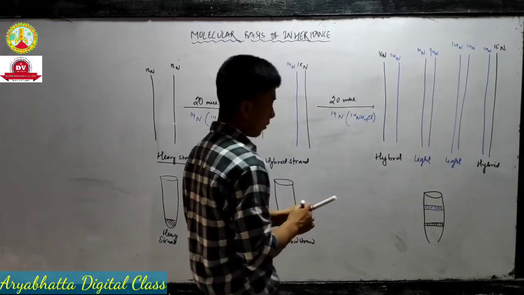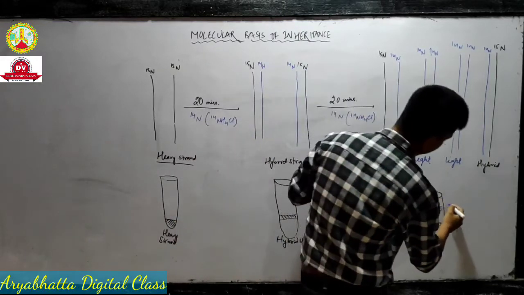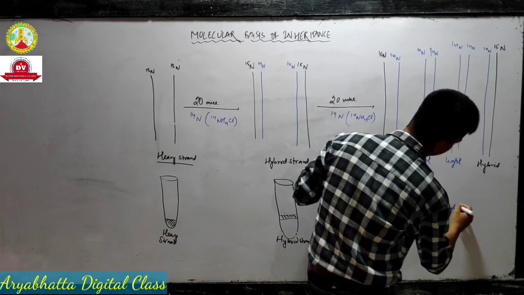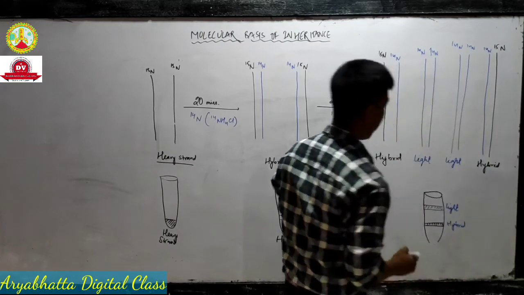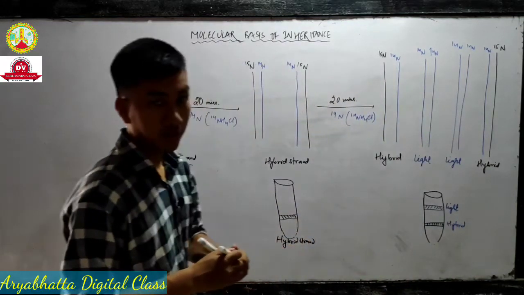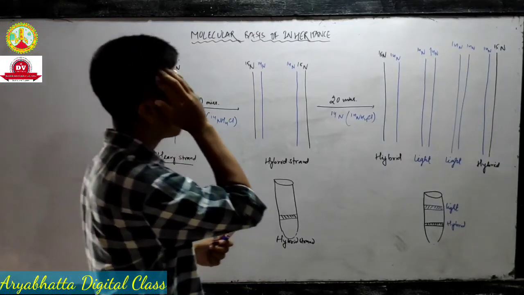So we have light strands and we have hybrid strands. That is why this experiment is called semi-conservative.